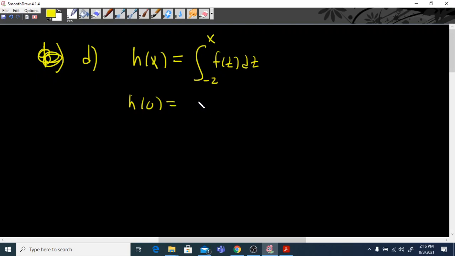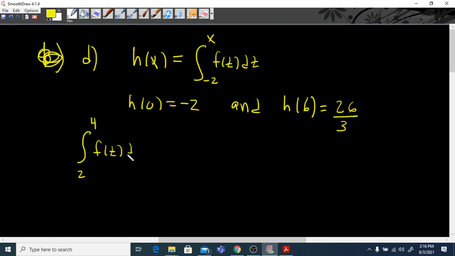It tells us straight away that h at 0 is negative 2, and that h at 6 is 26 over 3. And the problem wants us to find the integral from 2 to 4 of f(t) dt.